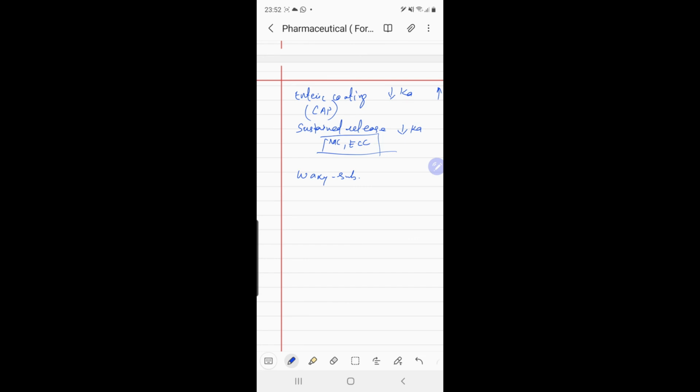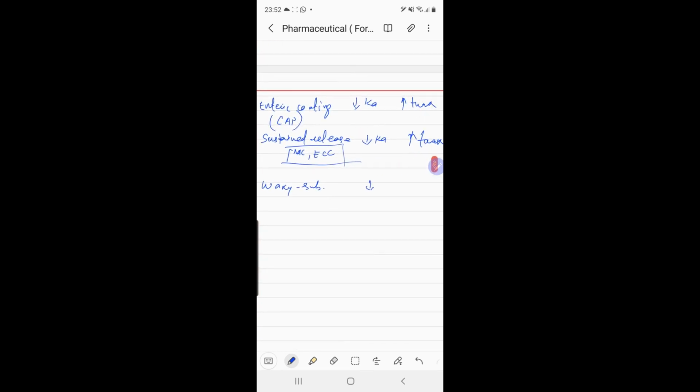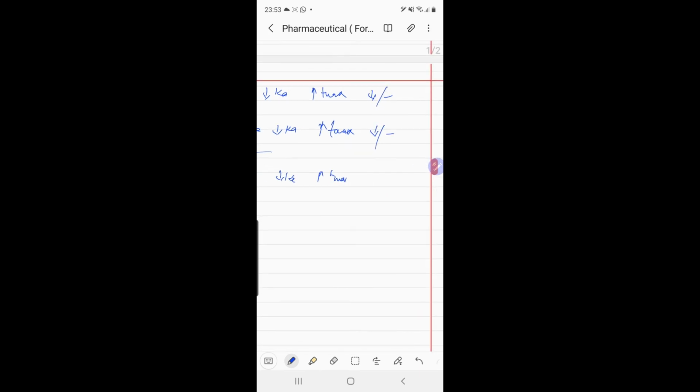These all have a decreasing effect on the Ka, increasing Tmax, and a decrease in the overall AUC. So these are the bioactive functions you can say. There's a direct change in these pharmacokinetic parameters by various excipients of the formulation.